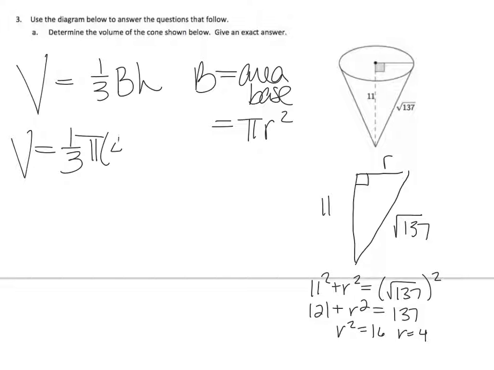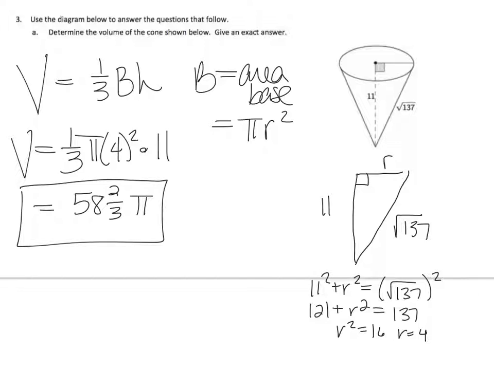Pi r squared times the height. So 1/3 times 16 times 11 is 58 2/3 pi.